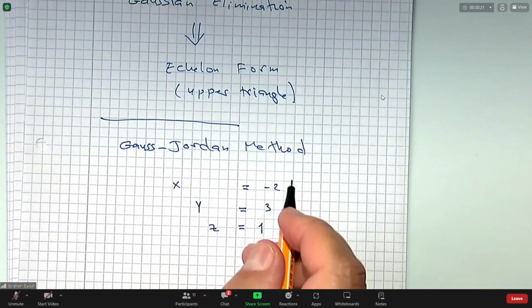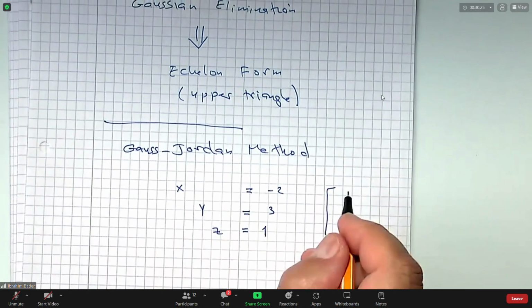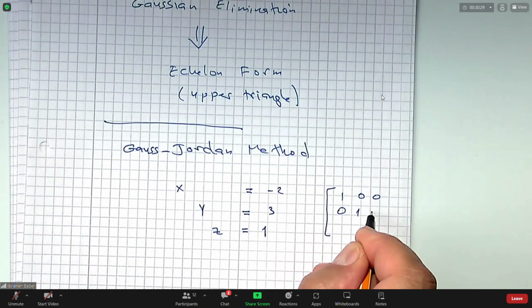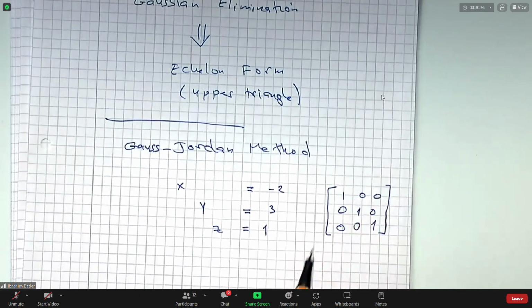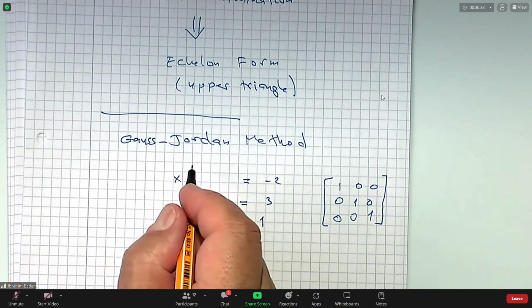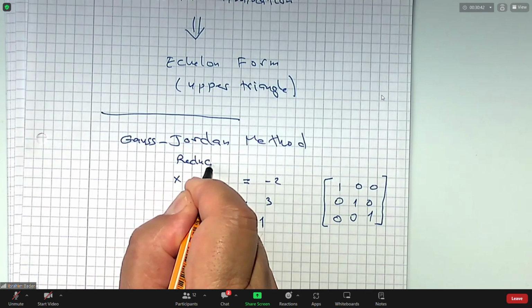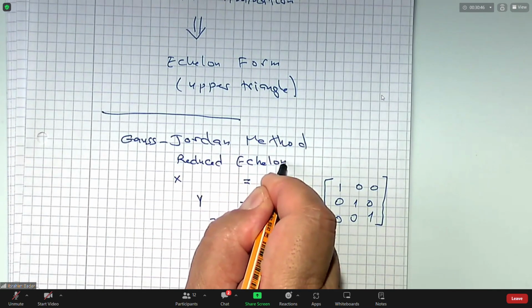That means you will be reducing the coefficients to the identity. This method will lead to what we call the reduced echelon form, or sometimes it's called echelon reduced form.